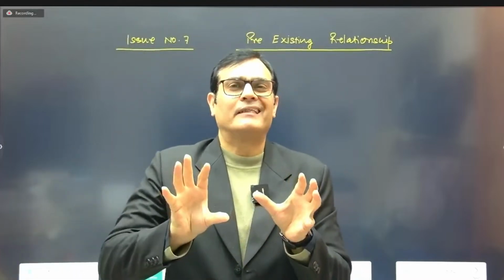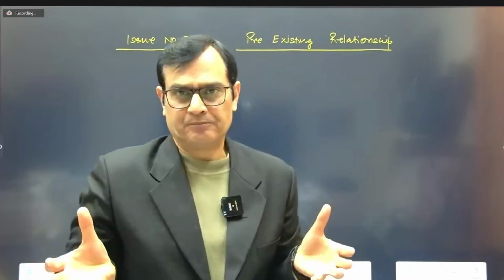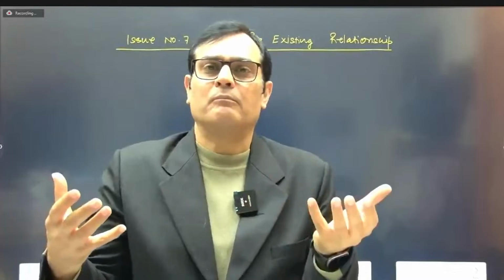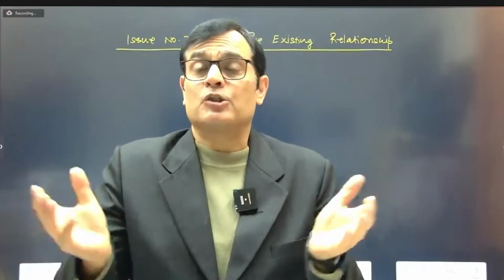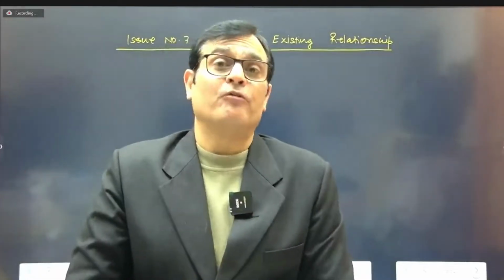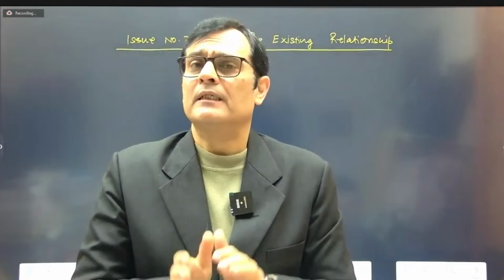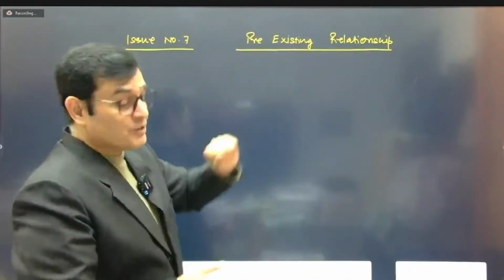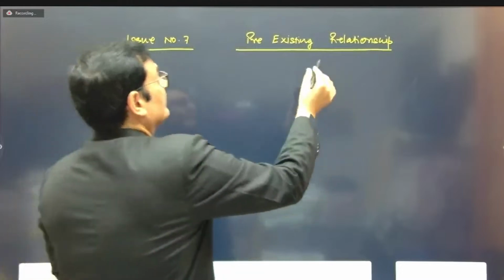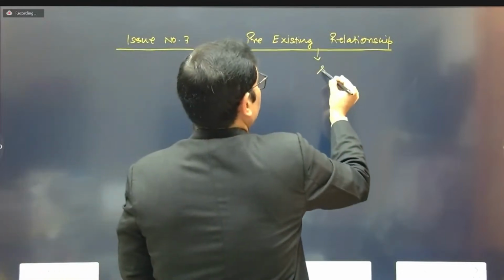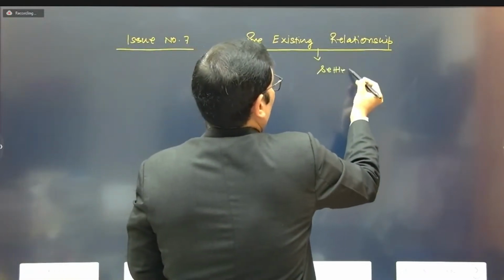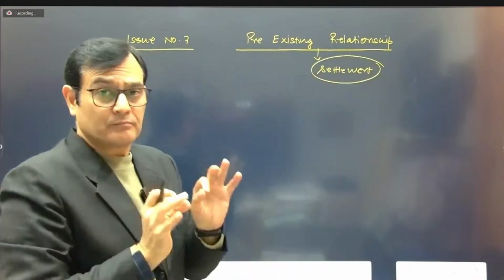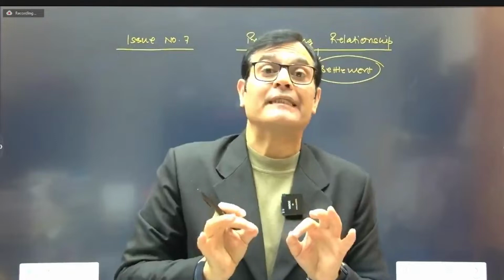So they may have a debtor-creditor relationship: a debtor in one book and a creditor in another book. So they decide that before they go for acquisition accounting, they want to go for a settlement of this pre-existing relationship before the acquisition date.